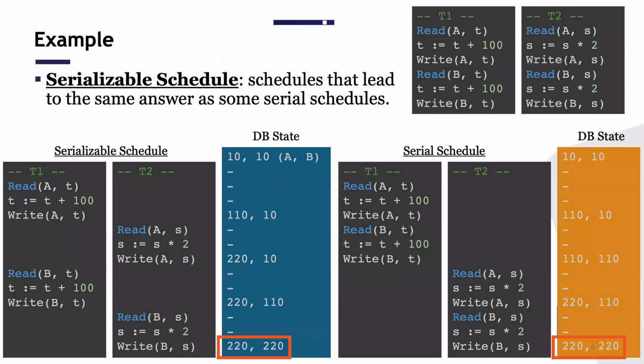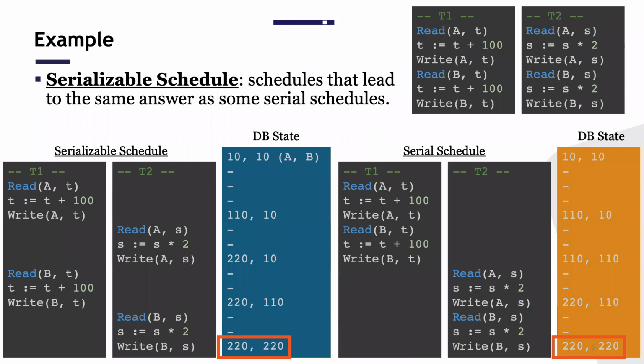One thing we talked about is that when you try to decide whether a schedule is serializable or not, you are not only looking at the reads and writes, but also at the computation itself. We looked at one example on Wednesday, where I can change this computation a little bit and turn a schedule that's not serializable into one that's serializable.